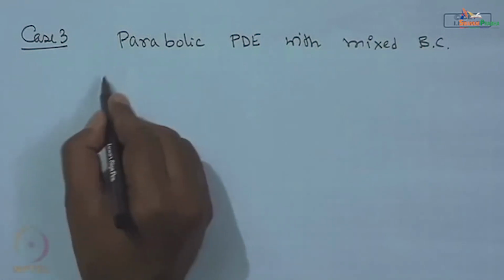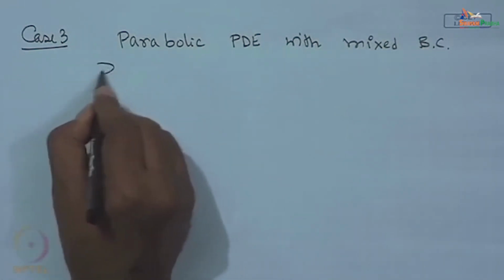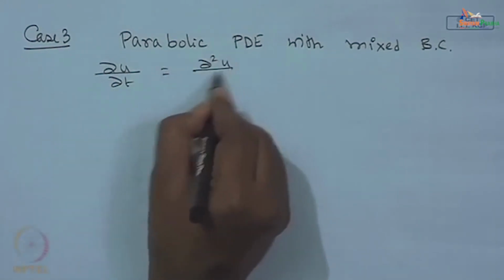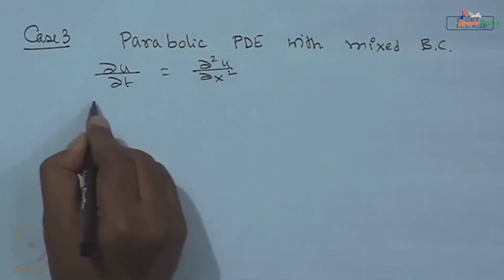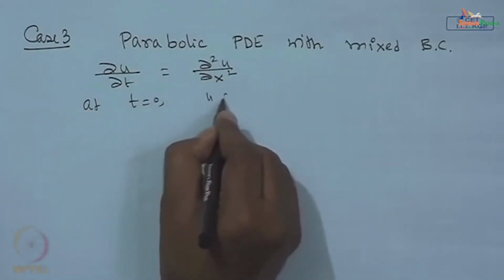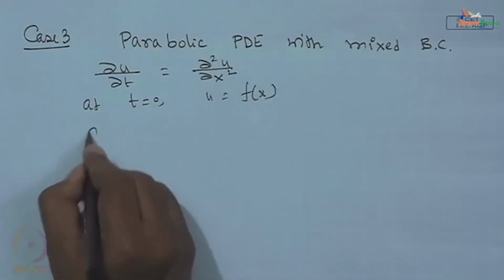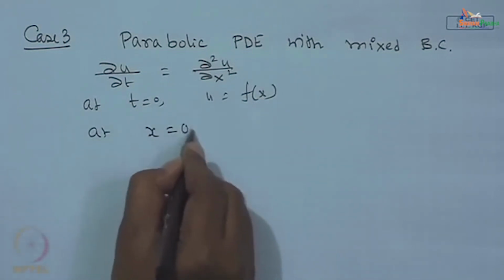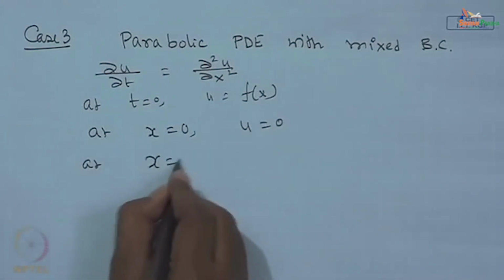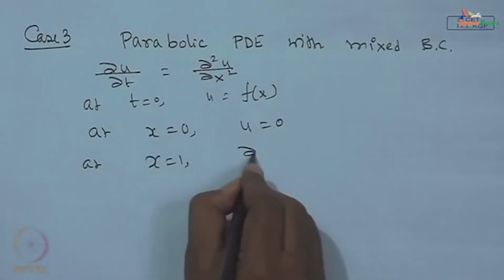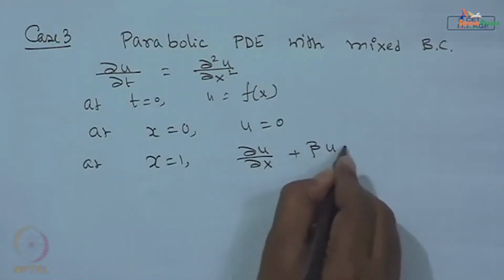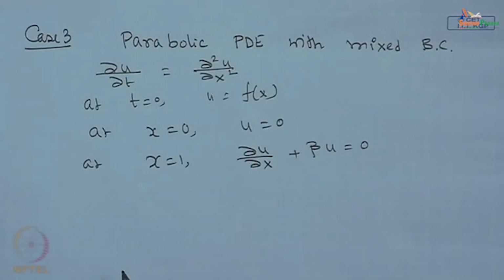The problem is something like this: del u del t is equal to del square u del x square, subject to, at t equal to 0, u is equal to f of x; at x equal to 0, u is equal to 0; at x equal to 1, del u del x plus beta u is equal to 0.